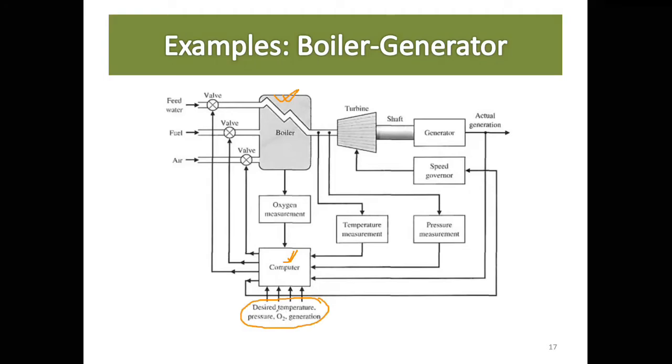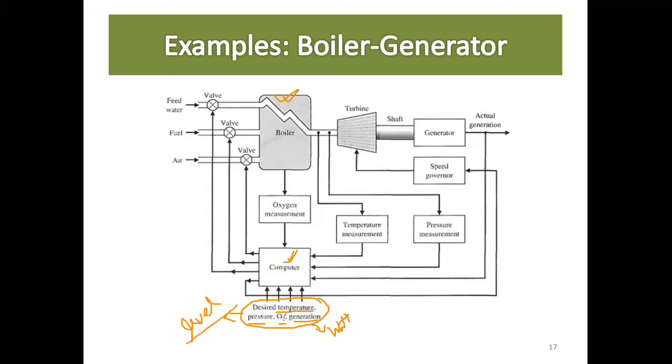That means we are saying that the temperature of the system should be within this range, and what should be the pressure, what should be the oxygen level, and what is the generation we want from this system. Okay, that is the watt. It could be megawatt or it could be kilowatt, but we are setting the threshold levels. These are the levels we are setting here. This level we have set.